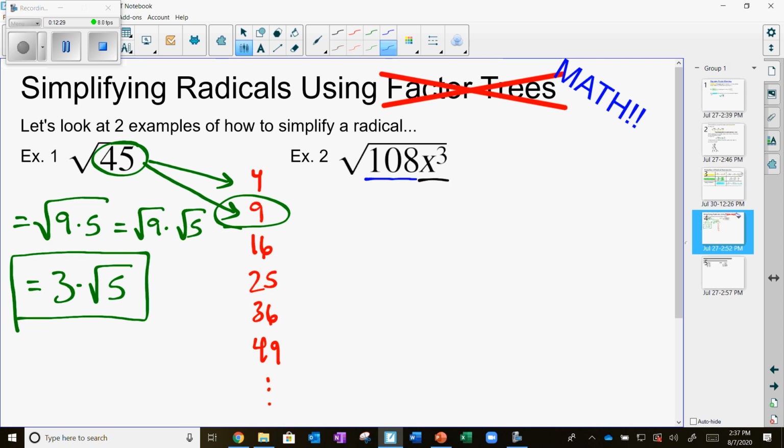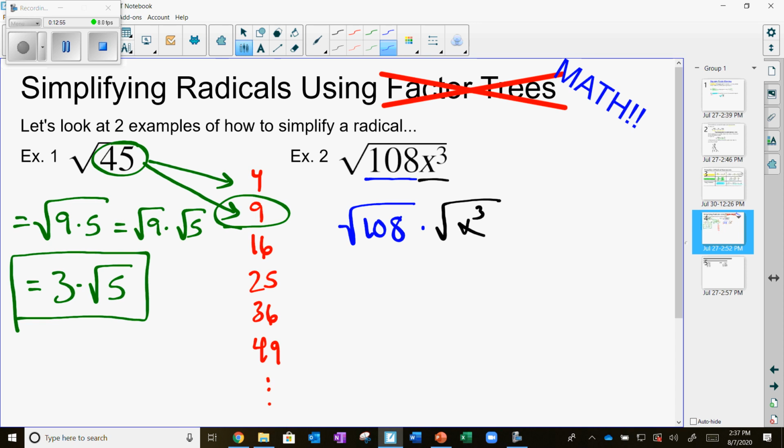I'm going to say that this is the same thing as the square root of 108 multiplied by the square root of x cubed. Okay, so let's just try and simplify the 108 first. When we're trying to see what factors it has that are perfect squares, most of the time we really want to start with the largest ones because that's going to make less work overall for us to do.